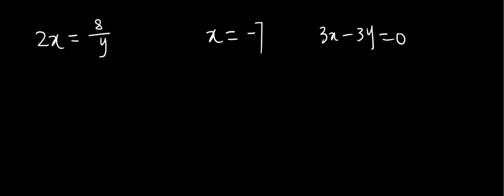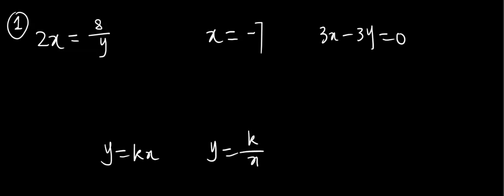More practice makes us stronger. This one says 2x equals 8 over y. Is it direct variation, inverse variation, or neither? We eventually want a form like one of these. So we really need y standing on the left-hand side all by itself. Therefore, I'm going to multiply by y, given y is not 0.